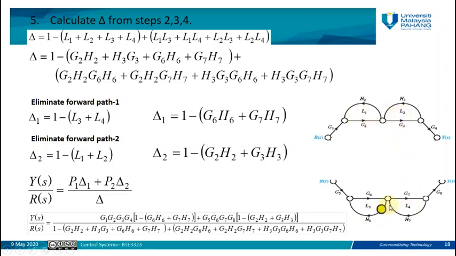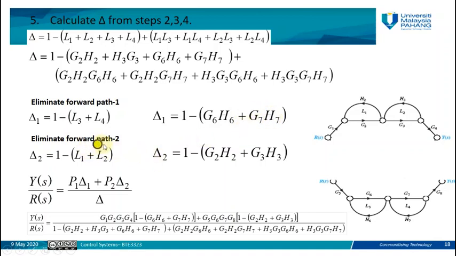We consider L3 and L4 because they are non-touching with forward path number 1. So delta 1 equals 1 minus the summation of L3 plus L4. Then we substitute: L3 is G6H6 and L4 is G7H7. So delta 1 is equal to 1 minus G6H6 minus G7H7.